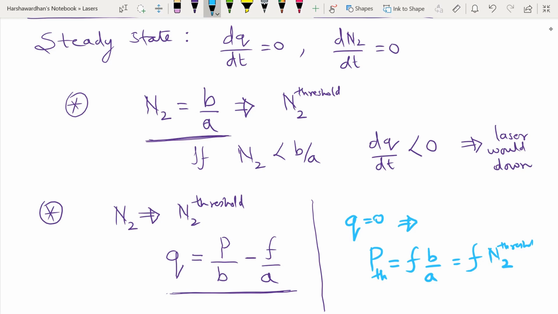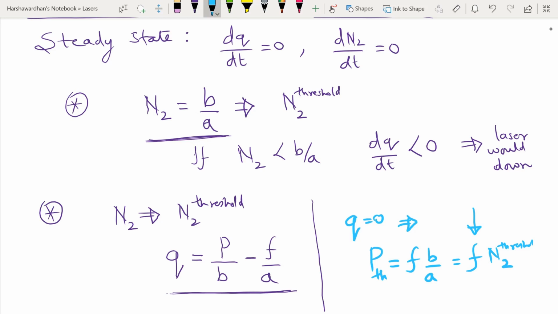So what it is telling you is that the minimum amount of threshold pumping which I require to generate at least one photon is that my pumping rate should be larger than the loss per atom, which is the loss through spontaneous emission. I'm looking at the minimum pumping rate to be F, the rate at which spontaneous emission is happening, times the number of atoms at threshold.